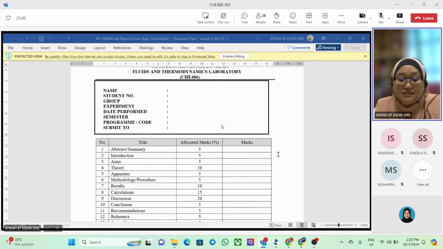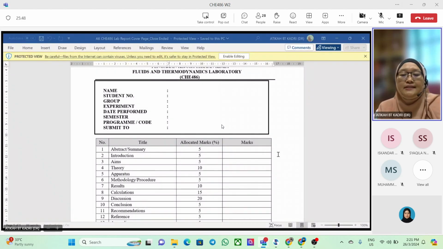The difference in marks does not mean that when the marks are few, you write only a little text. Not necessarily. If the marks are few, it means that you already have that information in the manual. But for open-ended, you need to construct your own procedure. That's why the marks allocated for open-ended are greater than those in close-ended.